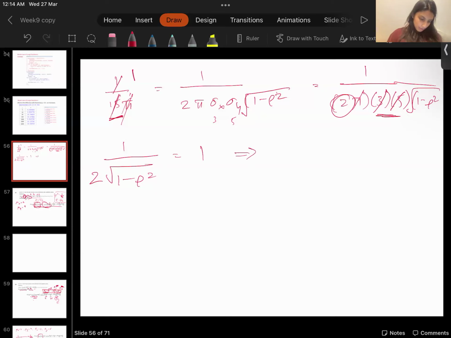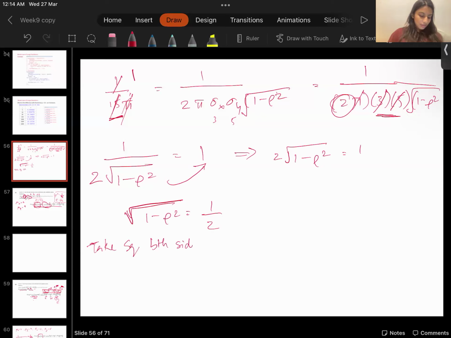Now you just bring this to the numerator. 2 into square root of 1 minus rho square is equal to 1. So square root of 1 minus rho square is equal to 1 by 2. And how can you remove the square root? You can remove the square root by taking the square on both sides.